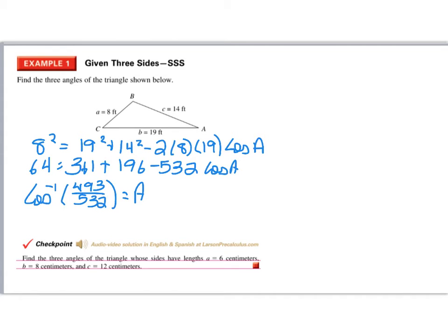Plug it in your calculator, and A is approximately 22.1.